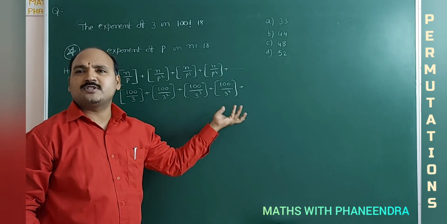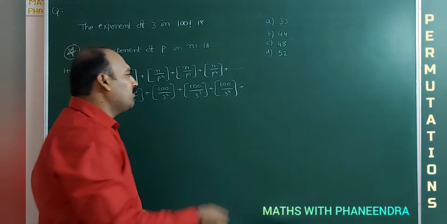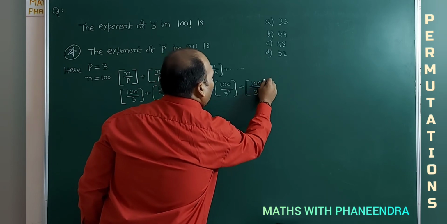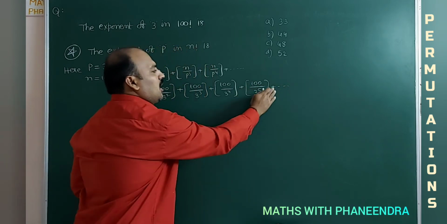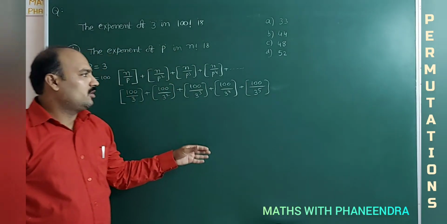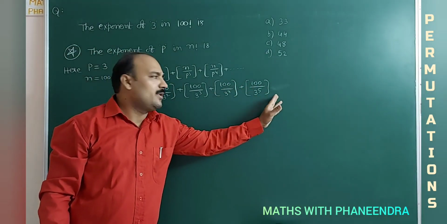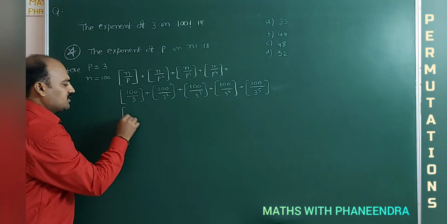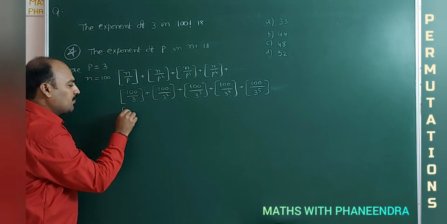We would get 0 point something, and the floor of 0 point something is 0 only. We cannot go for 3 power 5 or 3 power 6. Till there only it is enough, because 3 power 5 is more than 100. Floor of 100 by 3 is 33 point something.